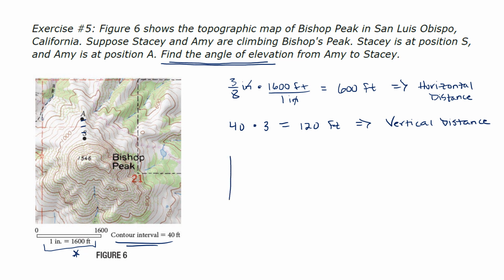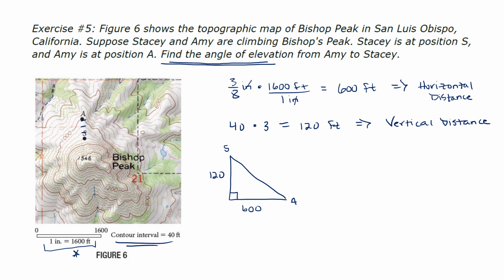So I'm going to draw our triangle here. I know Stacy is higher than Amy. I know my horizontal distance is 600, and I know my vertical distance is 120.